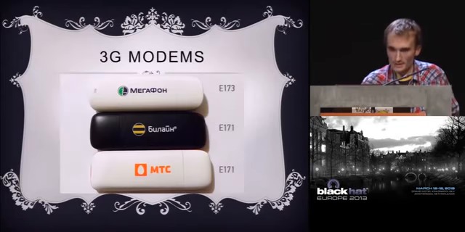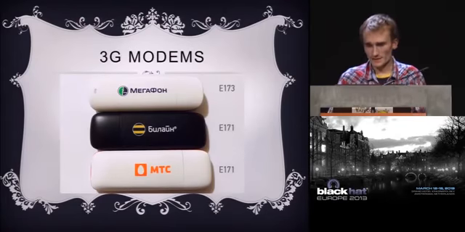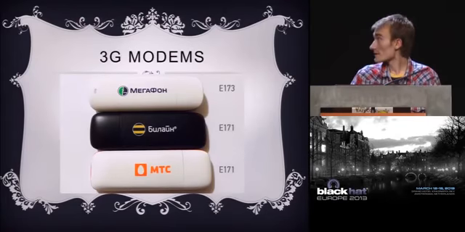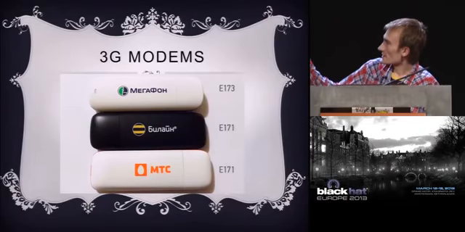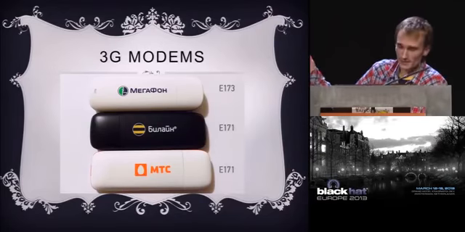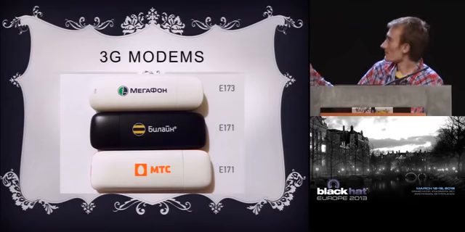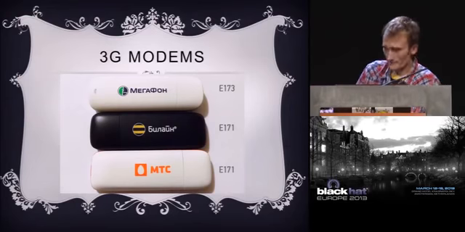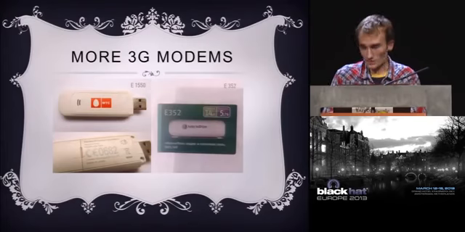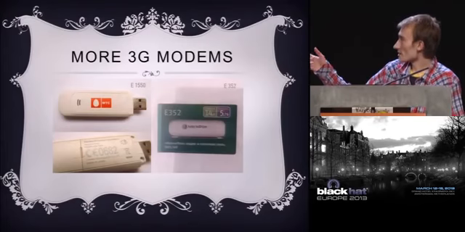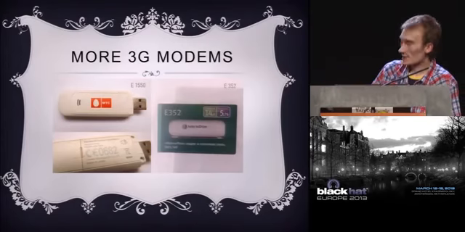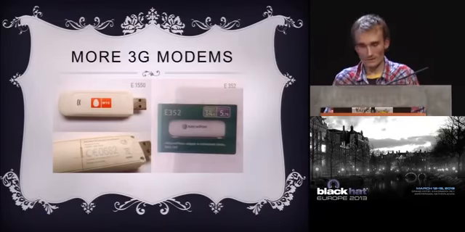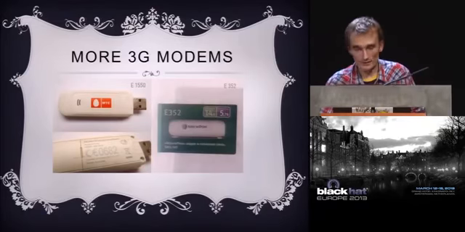So we analyzed several devices. Here there are 3G modems. As you see, there are different mobile partners, but in fact the devices are the same. For example, E352 is a kind of level of some microchips in there.